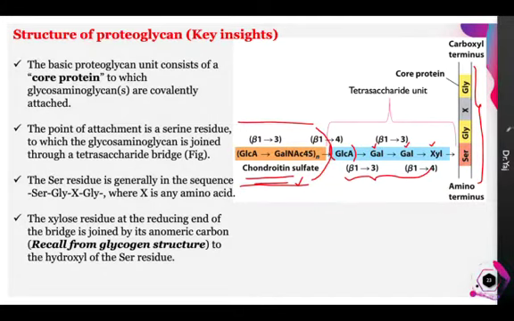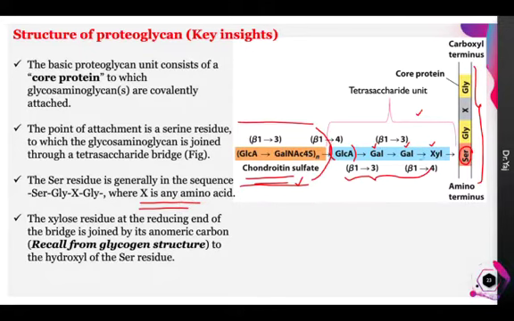Now, if we look at the core protein at the junction of this binding, we see that the tetrasaccharide unit is bound to the serine residue. And it has been shown that the amino acid sequence at the binding site of this tetrasaccharide unit consists of serine, glycine, X, and glycine, where X stands for any amino acid.